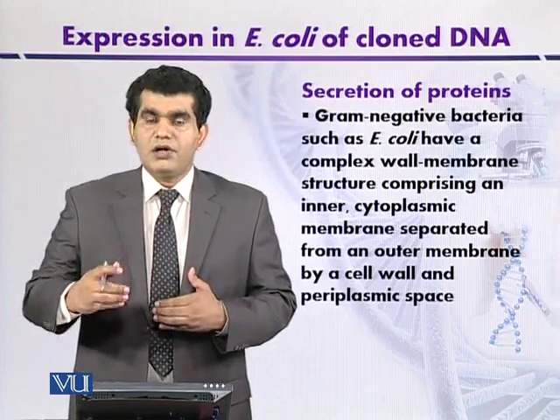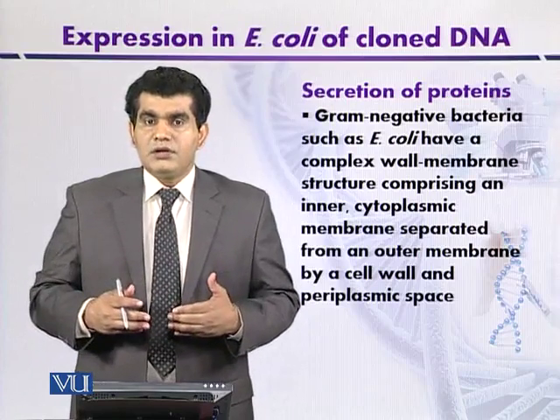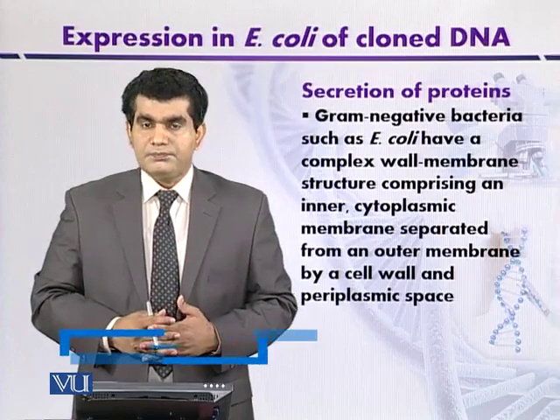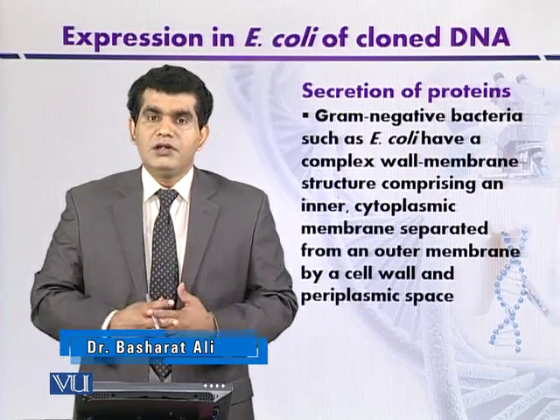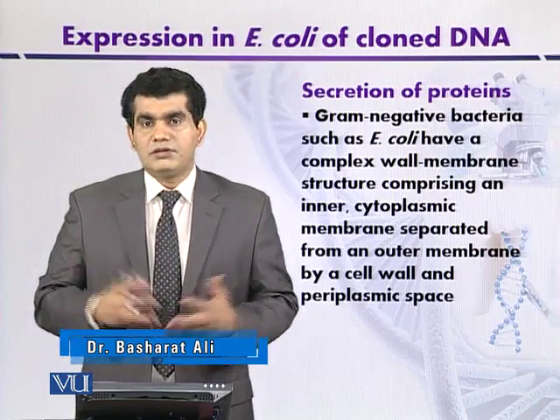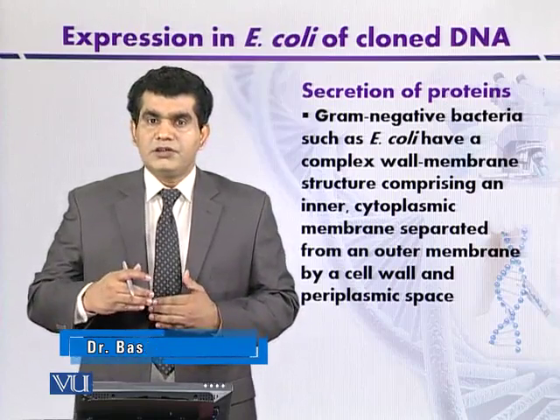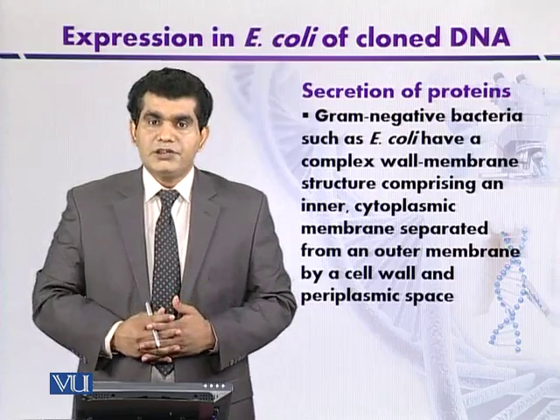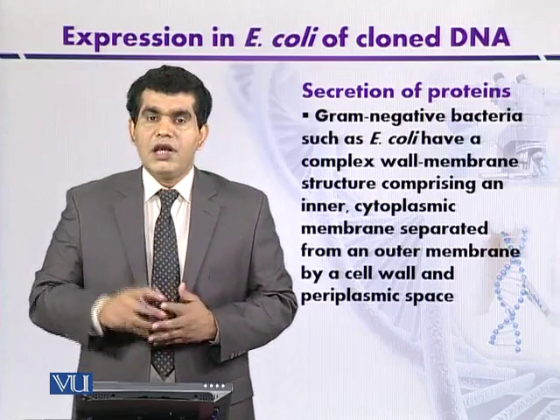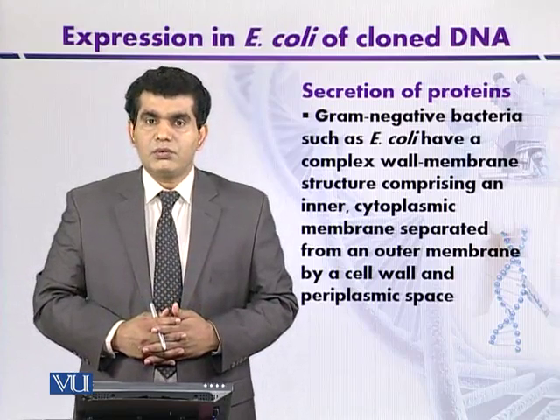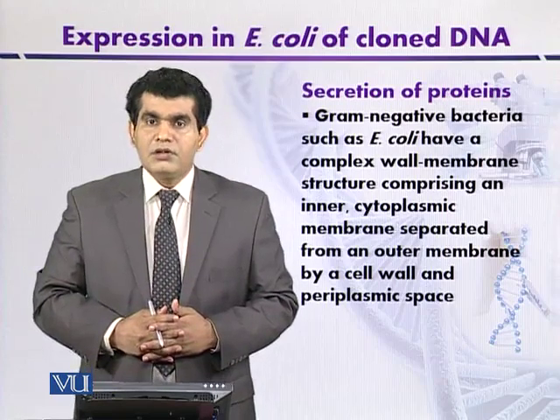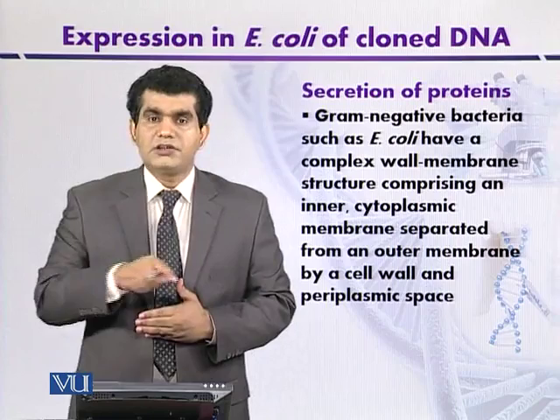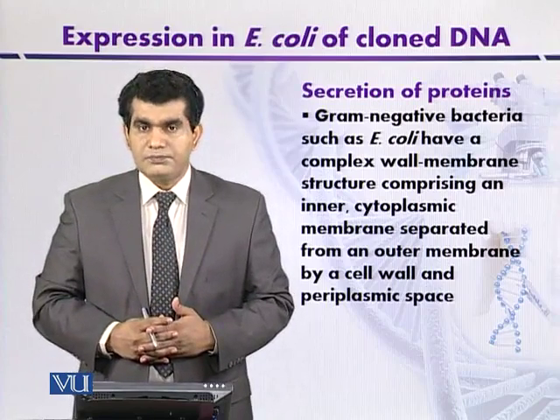If we have a look at its structure, then this host organism contains a two-membrane system. The first membrane is called the inner membrane or cytoplasmic membrane, and after the cytoplasmic membrane, on the outer side a cell wall is present, and then external to the cell wall an additional membrane is present, which is called the outer membrane. And the space between the outer and inner membrane is called the periplasmic space.